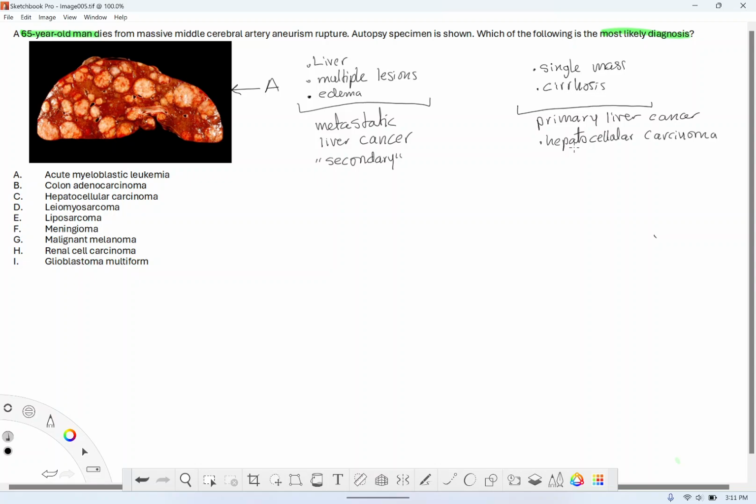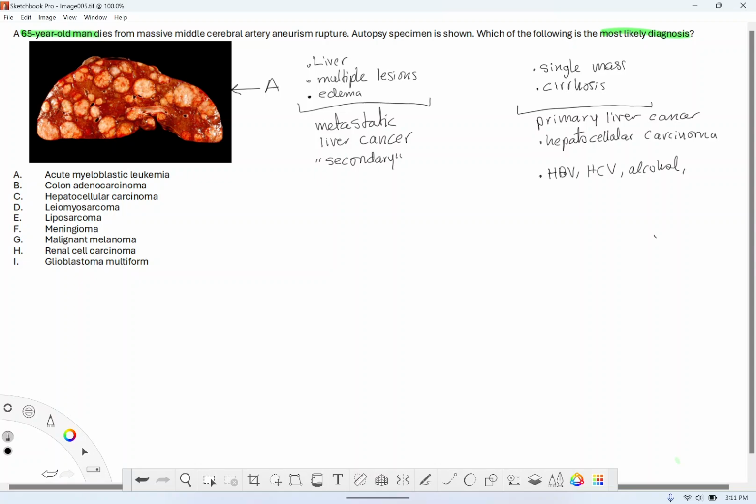So look for those things. These things help us. We know that the causes of primary liver cancer could be, for example, hepatitis B virus, hepatitis C virus, or alcohol, because alcohol can lead to cirrhosis, right?